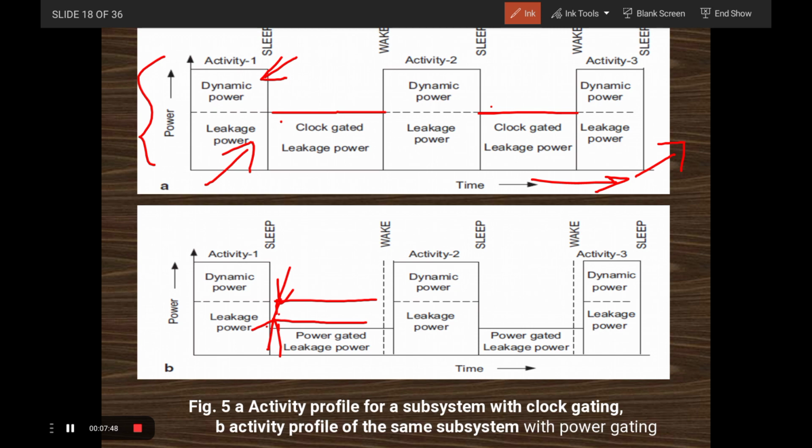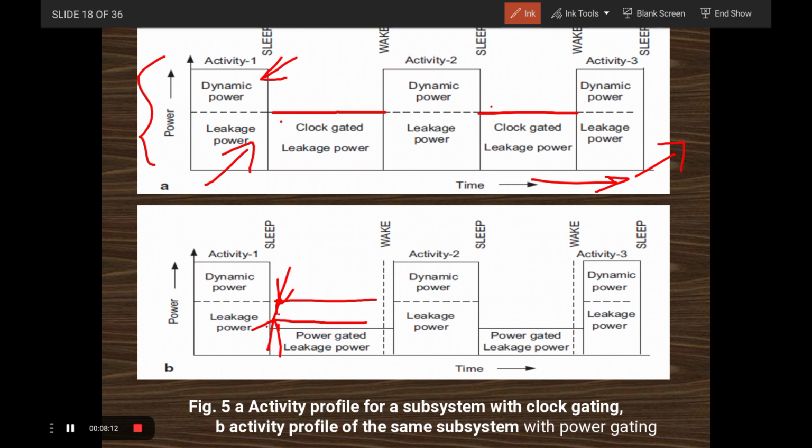The main theme behind the power gating concept is that we are not providing any power to the corresponding circuit. Therefore the circuit works in standby mode. At that time the leakage current is reduced by the high VT transistor. Therefore when leakage current reduces, the overall leakage power also reduces.